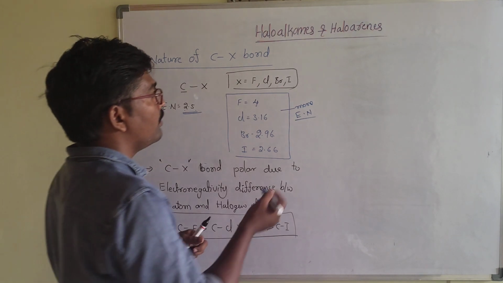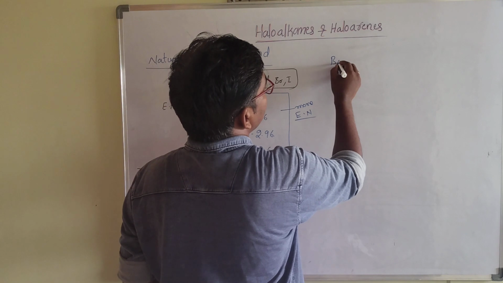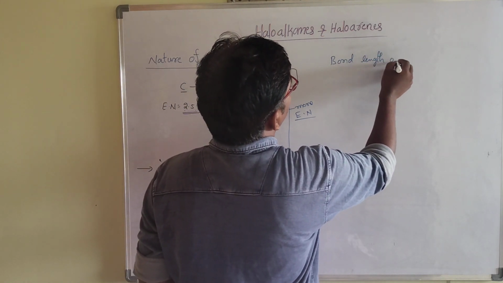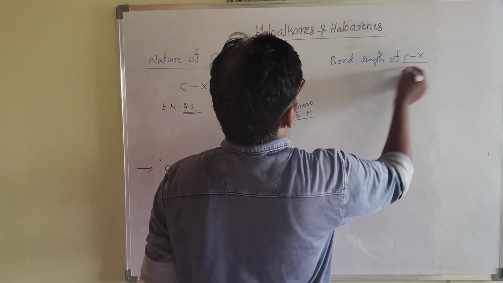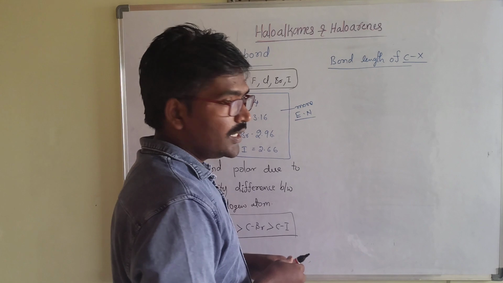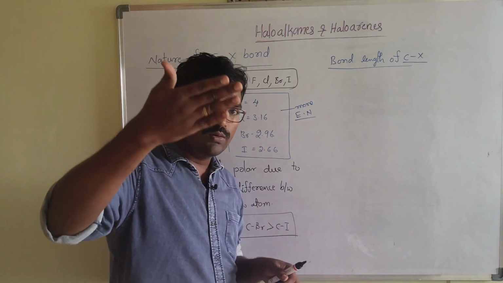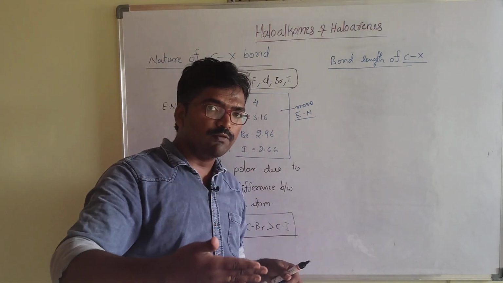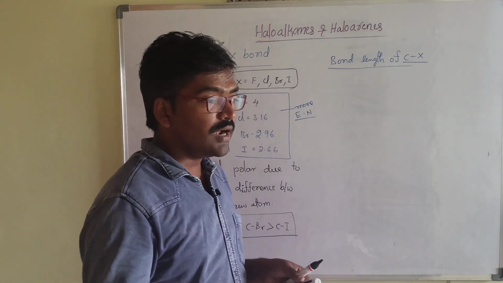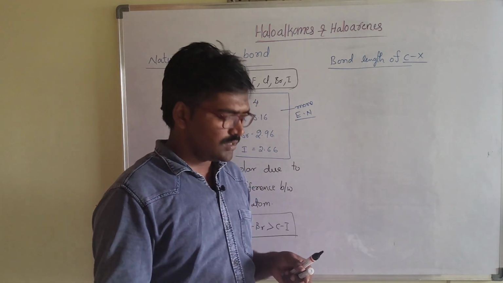Then the bond length of the C-X bond we have to discuss. We know the size of the halogen atom increases from top to bottom, from fluorine to iodine. As the size of the halogen atom increases, bond length also increases.